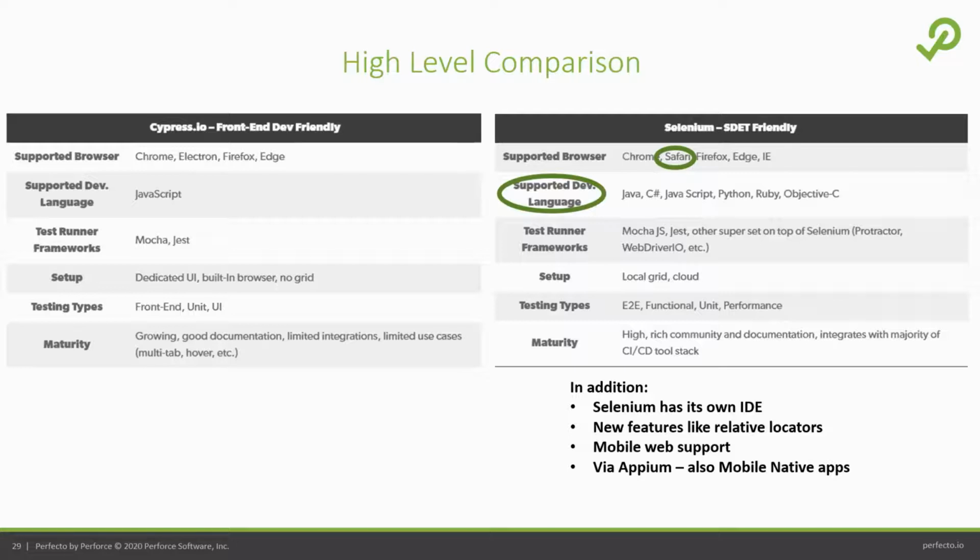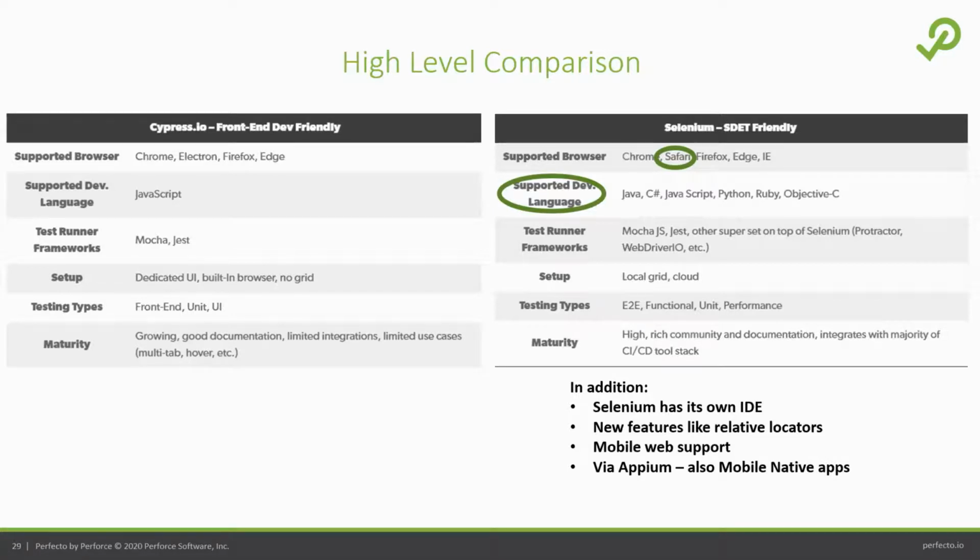Web is web, but it runs on mobile. If you can only test on these different browsers on a desktop, and you cannot get the experience on a mobile device from the browsers running on mobile, or even when you take Selenium and extend it with Appium for mobile native apps, you can use the same skill set to run on both web applications and mobile native applications and mobile web.